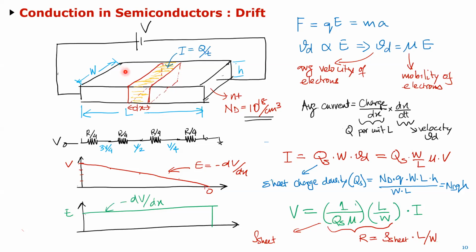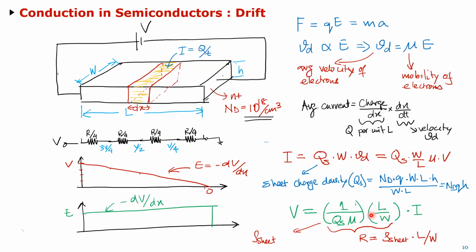Which makes sense, because if I have more charges here, I'll have more charges per unit area. That means more current, which means less resistance. So that should be inversely proportional. Inversely proportional to mu, because velocity is proportional to mu. If mu is high, velocity is high, that means more charge per unit time. That means the resistance should be lower. So that should be inversely proportional as well.